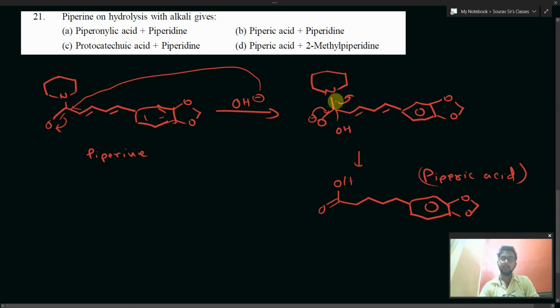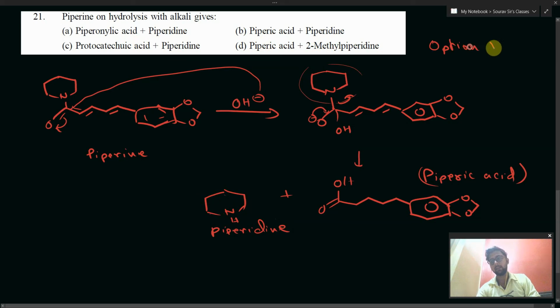Other than that, just this part will be removed from the system. We will be getting this compound, which is named piperidine. So you will be getting these two products as our main. You can see that piperic acid and piperidine is given in option B, so option B here would be the correct option.